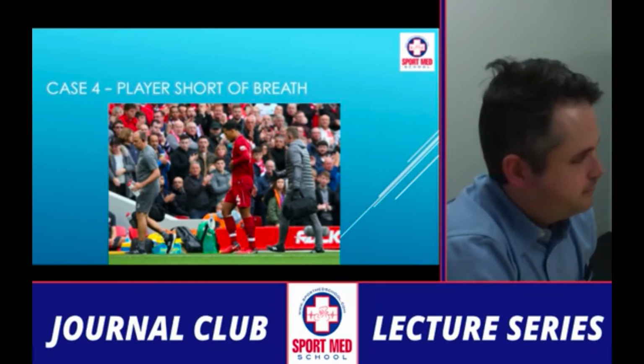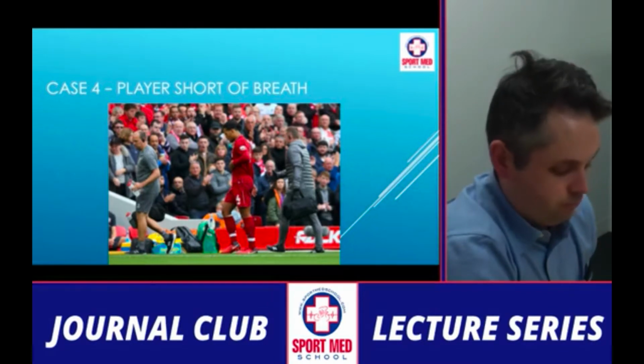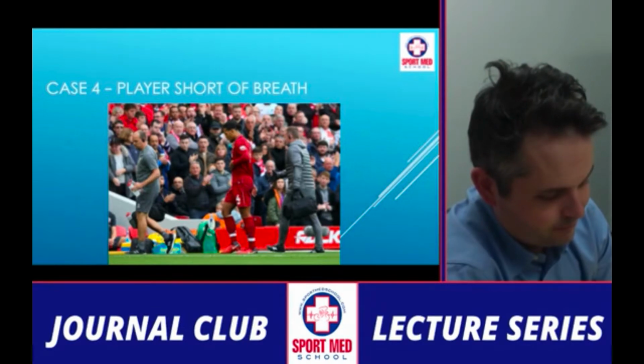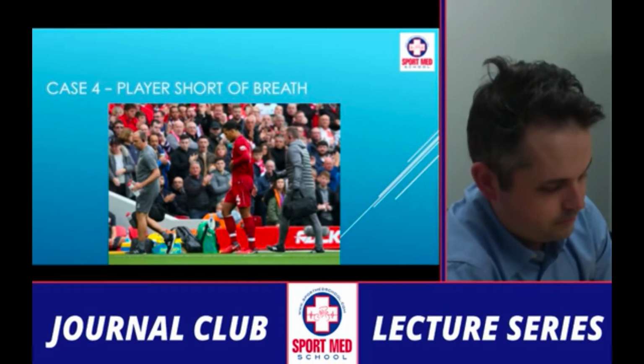Airway patent? Then moving down to B would be breathing. I take a look at his chest rise in terms of inspection, see if there's equal or symmetric chest rise, look at the trachea to see if it's deviated one way or the other, and then take my stethoscope and listen to his lungs to see if I hear any diminished breath sounds to either side.